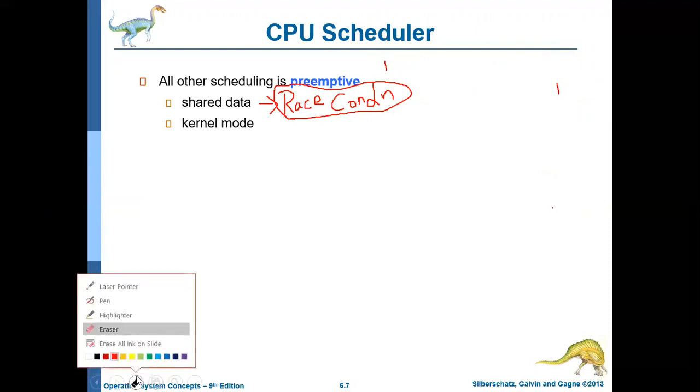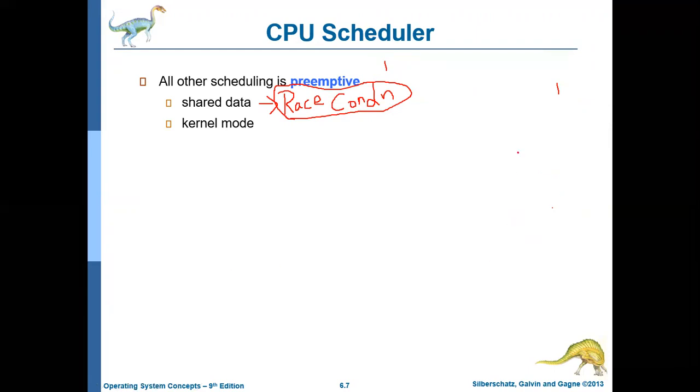Now we are discussing the issues with preemptive scheduling. Let us assume that the CPU is currently executing some kernel process, and let us call it K1.